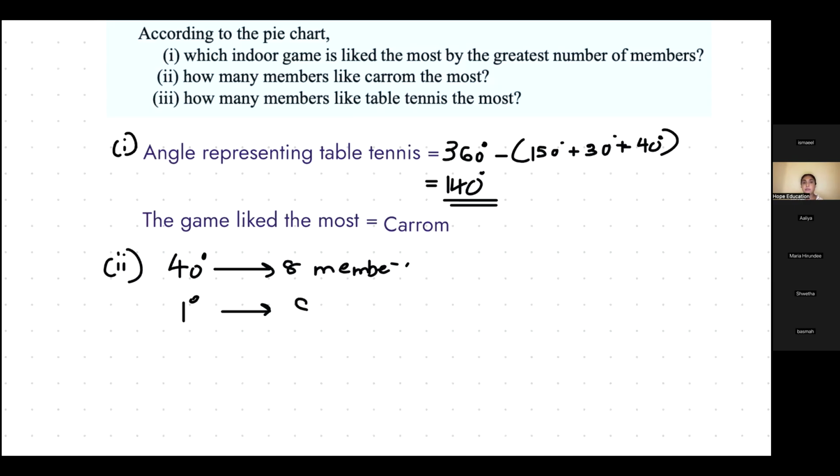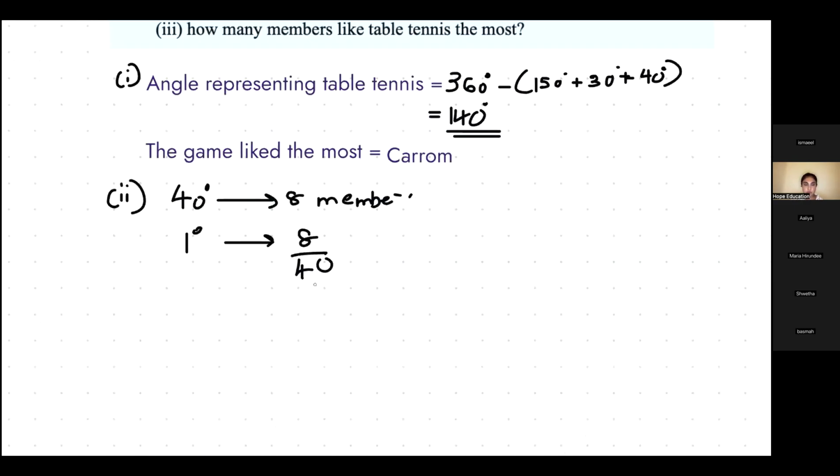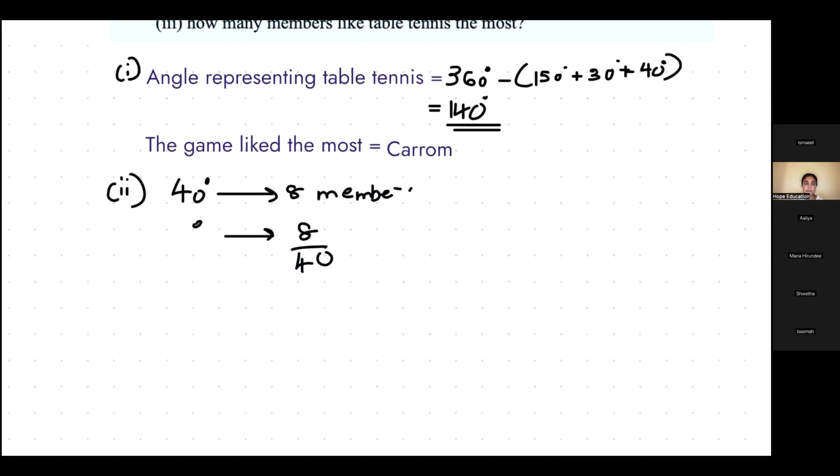Then we want Carom, that is 150 degrees. So 150 would be this multiplied by 150. We simplify, 0, 0 cancels out. 4 times 2, 8. 2 times 15 is 30. So we're talking about 30 members for Carom.